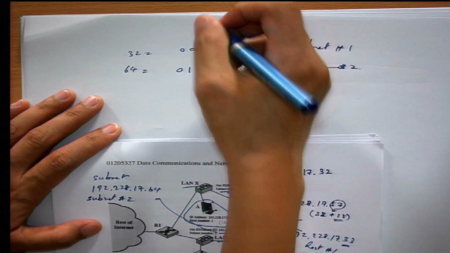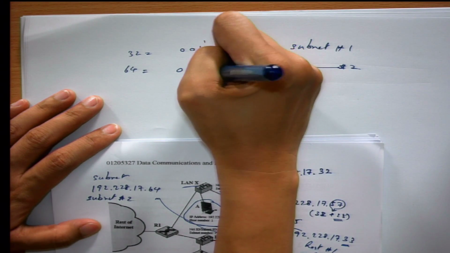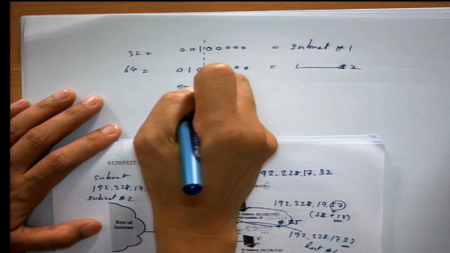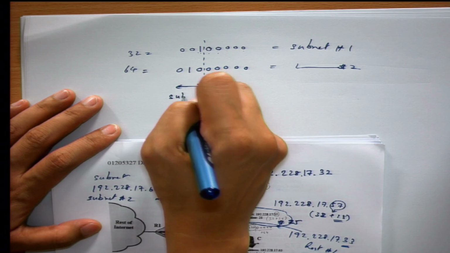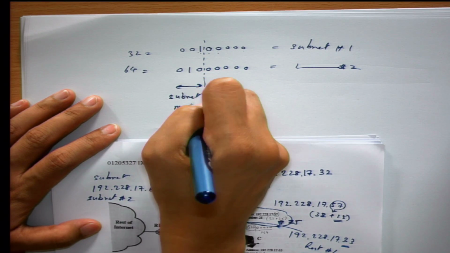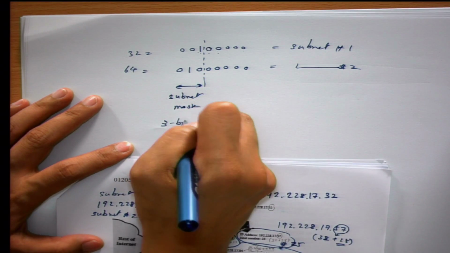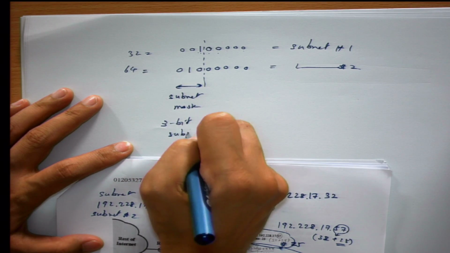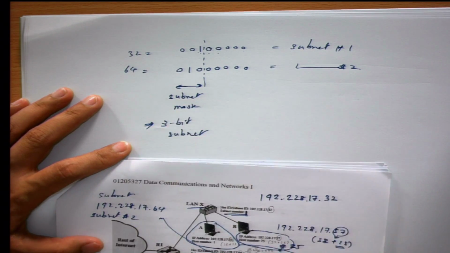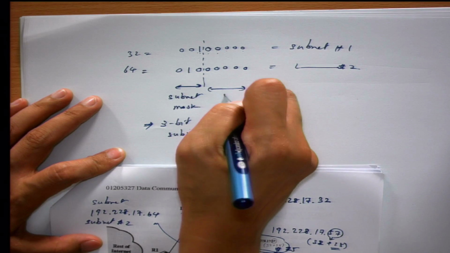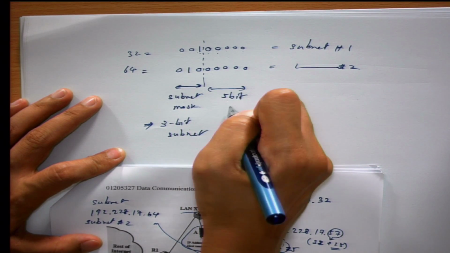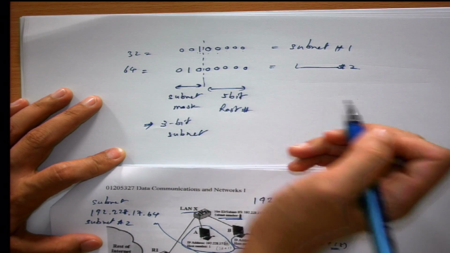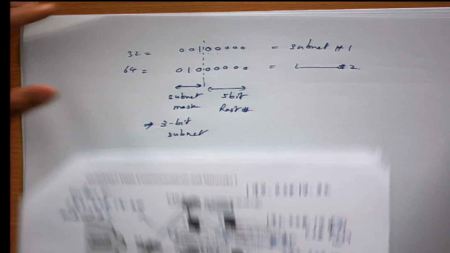It means that this is the subnet mask. So you have a 3-bit subnet, and then 5 bits of host ID, host number, okay, or the host ID.